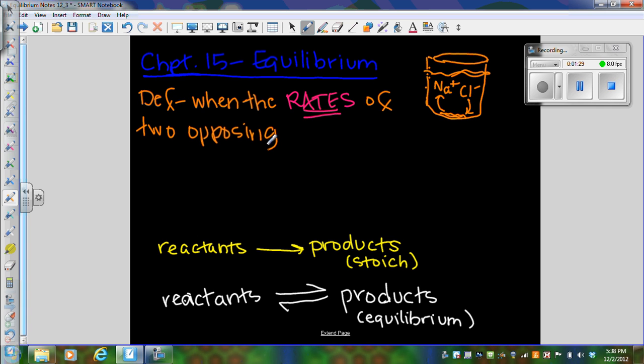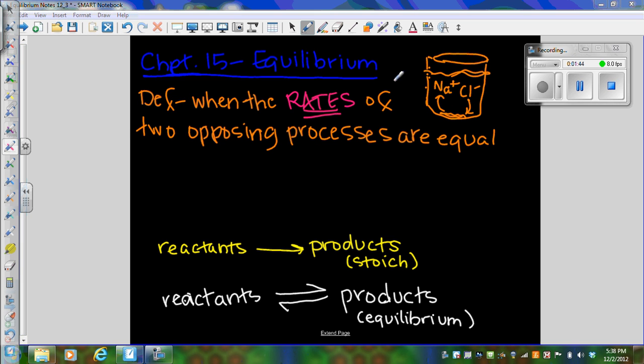So equilibrium is when the rates of two opposing processes are equal. So in the case of our salt solution, when the rate of the salt dissolving is equal to the rate of the salt precipitating back out, then we're in a state of dynamic equilibrium.